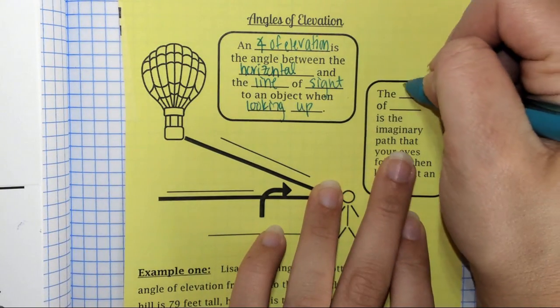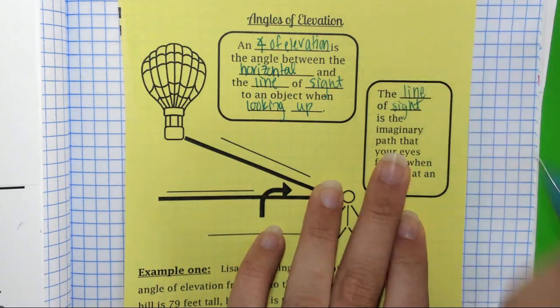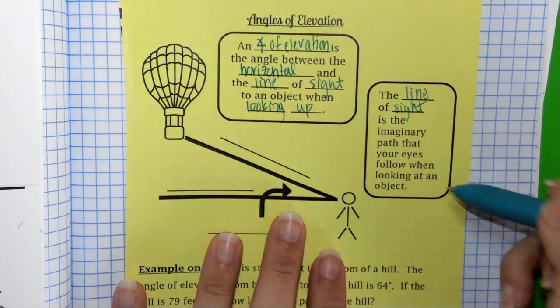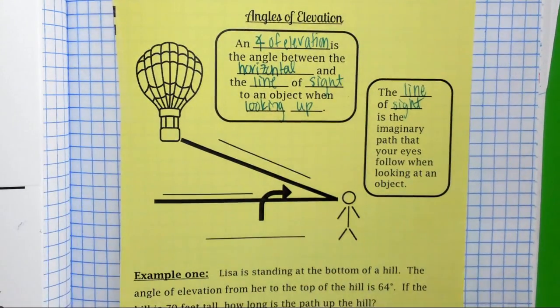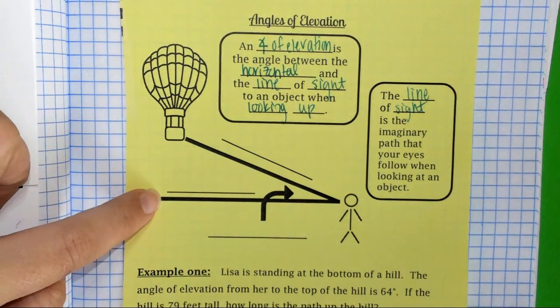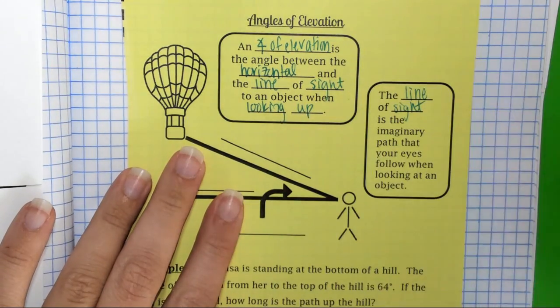Alright, so the line of sight, which is how you look, correct? Is the imaginary path that your eyes follow when looking at an object. So what we're going to do is we're going to label these. Now, which of our two lines, the bottom or the top, is our line of sight?